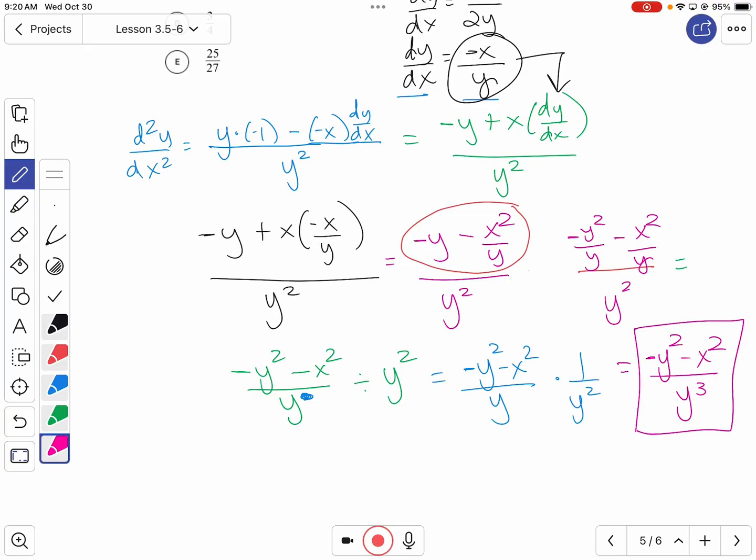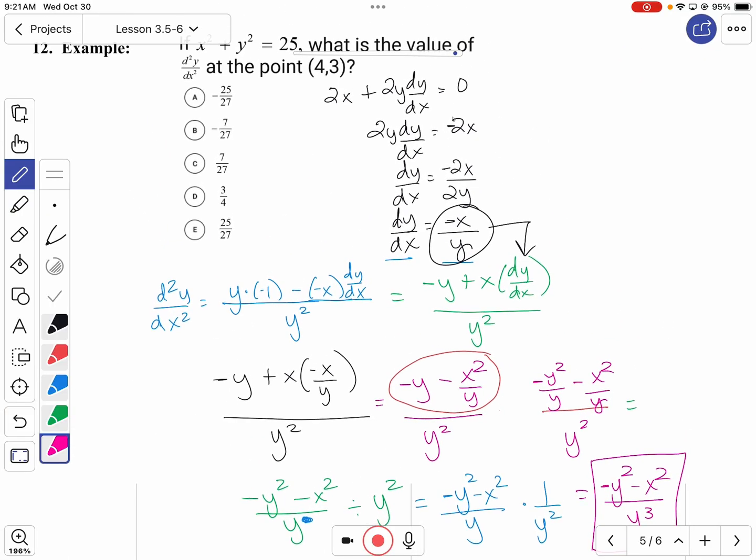All right, so let's go back and actually do the problem. The problem says plug in the ordered pair 4, 3. So I'm going to do this off to the side.